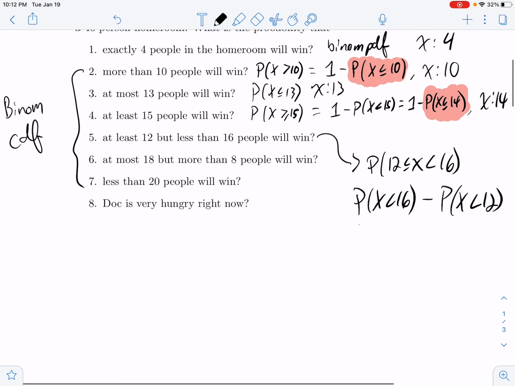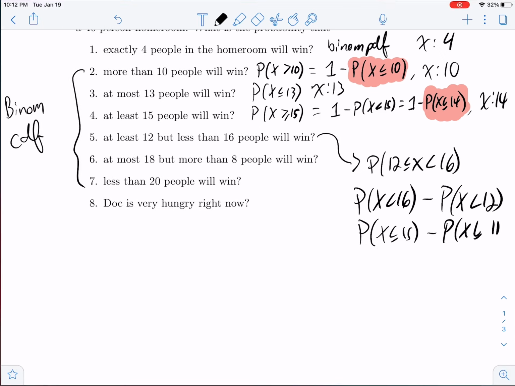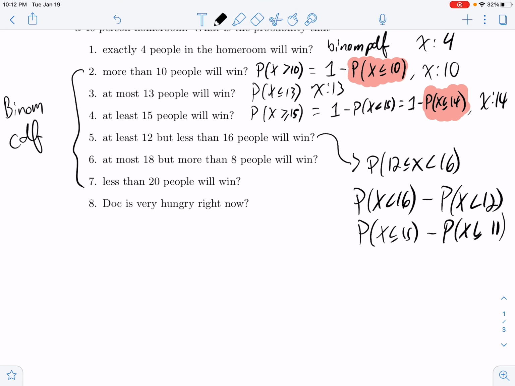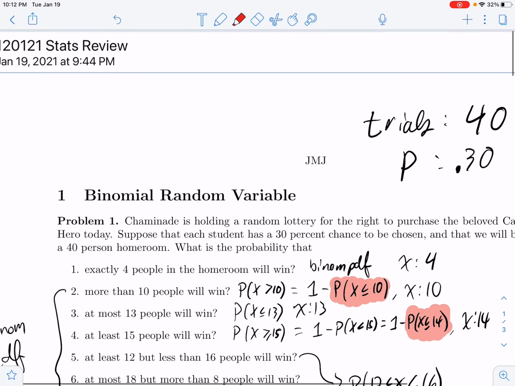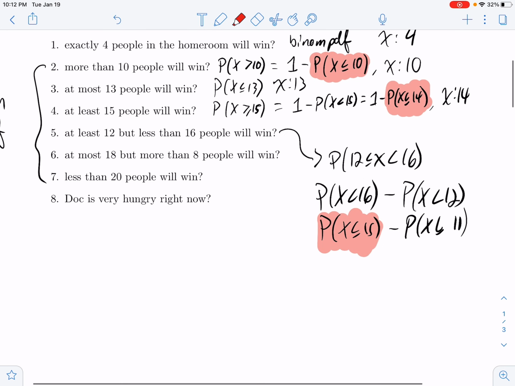Another way of doing this is the probability that X is less than or equal to 15 minus the probability that X is less than or equal to 11. These two things you can plug into the calculator and get an answer. So for this one, you do binom CDF, X is 15, same 40, same 0.3. And here you do binom CDF, X is 11.